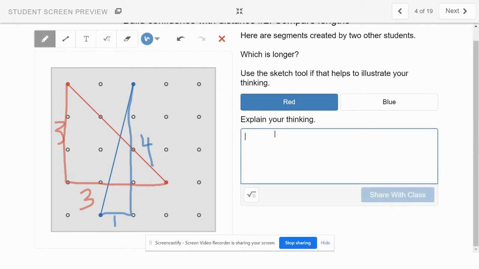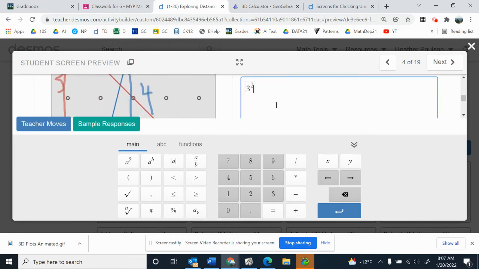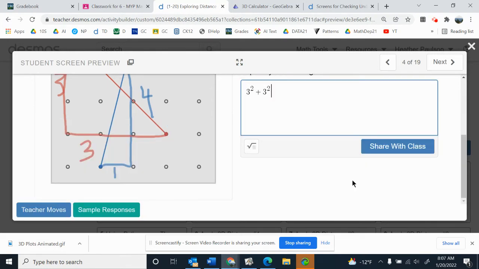And the reason is because 3 squared, I'll show you how to use this calculator. 3, and if you minimize your screen, you can see the keyboard. So 3 squared plus 3 squared, that equals 18, 9 plus 9.